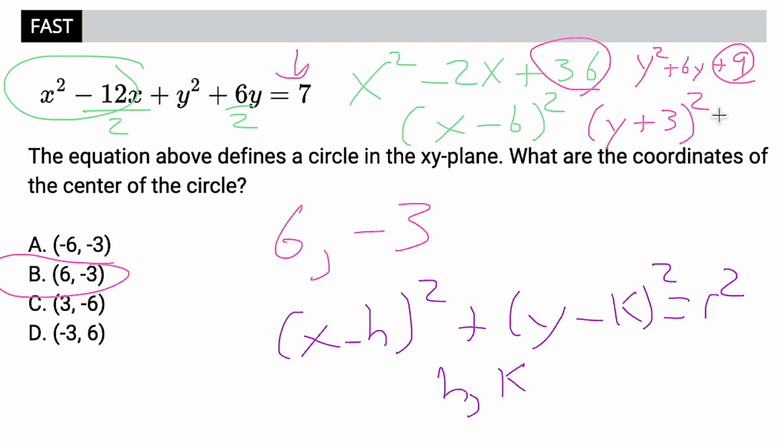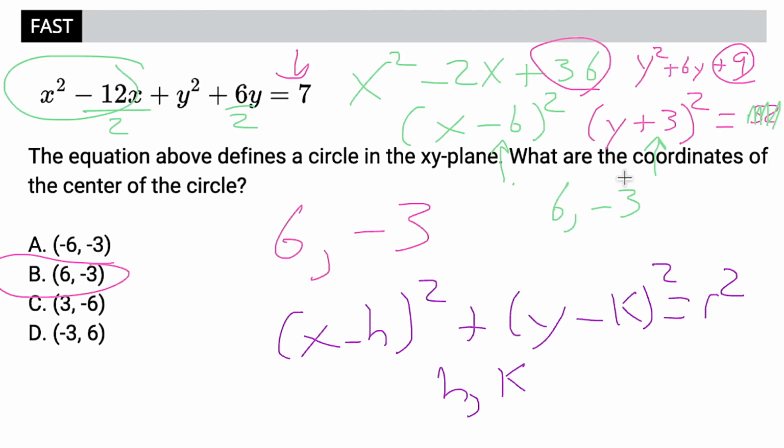And what is that? 45 plus 7, what is that, 52? But anyway, that doesn't matter because we're not worried about the radius, which is the radius squared. We're just concerned about the middle. And the middle is h, which is 6, because remember, it's minus h. So that negative 6 would become positive. And then y minus k, so this is negative 3. So that's 6, negative 3.